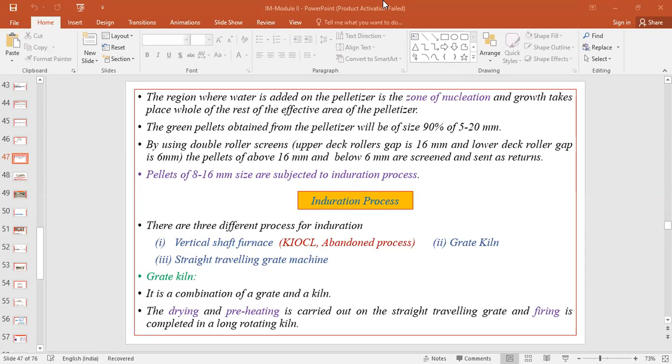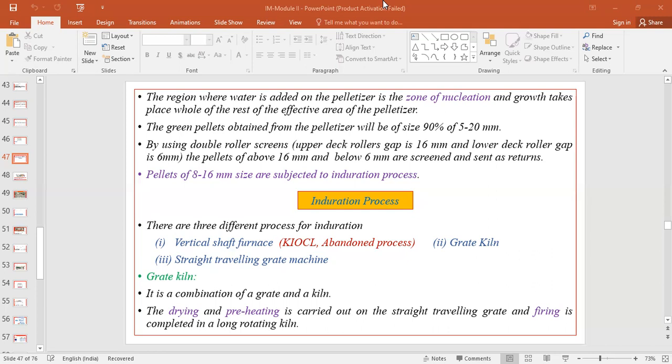So once the green balls are formed on the disc pelletizer, they are subjected to screening using a double deck screening system, where we can do the screening operation based upon the roller gap between the two rolls, and we can obtain the size range of iron ore pellets of 8 to 16.